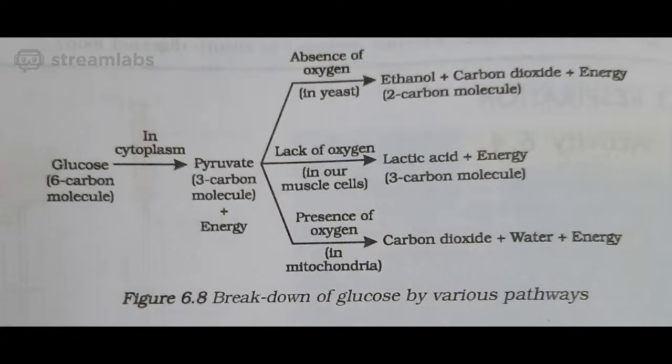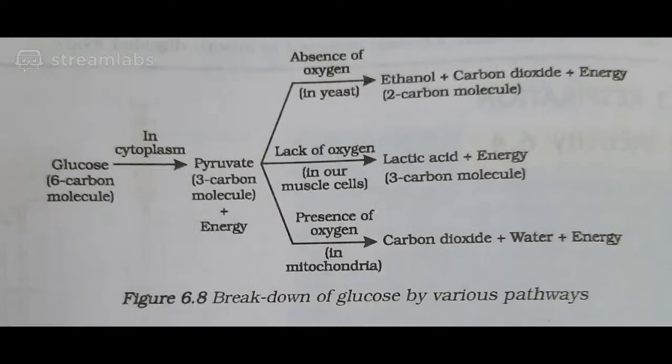And here again the respiration can go in two types, that is aerobic respiration and anaerobic respiration. Aerobic respiration is breaking of glucose in presence of oxygen. Anaerobic respiration takes place in absence of oxygen.